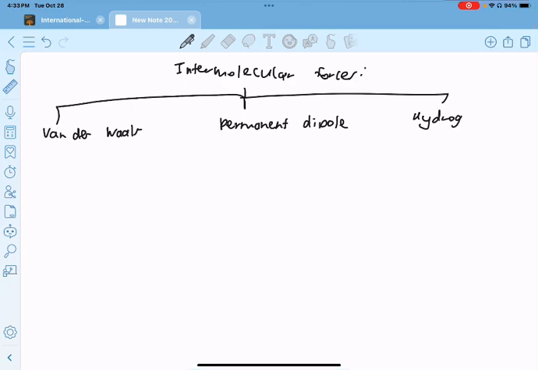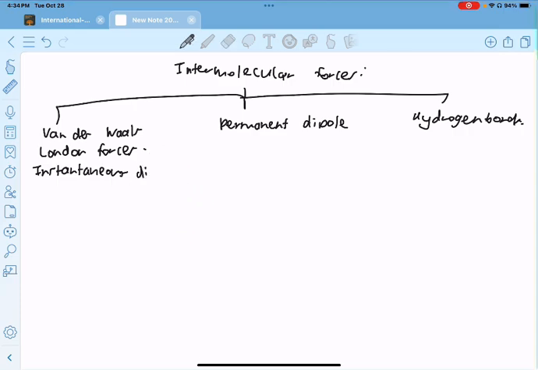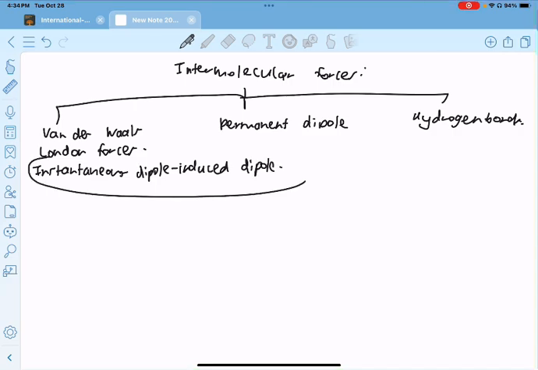You've probably heard about most of these, but another word for van der Waals is London forces. And another word for van der Waals again is going to be an instantaneous dipole, induced dipole.